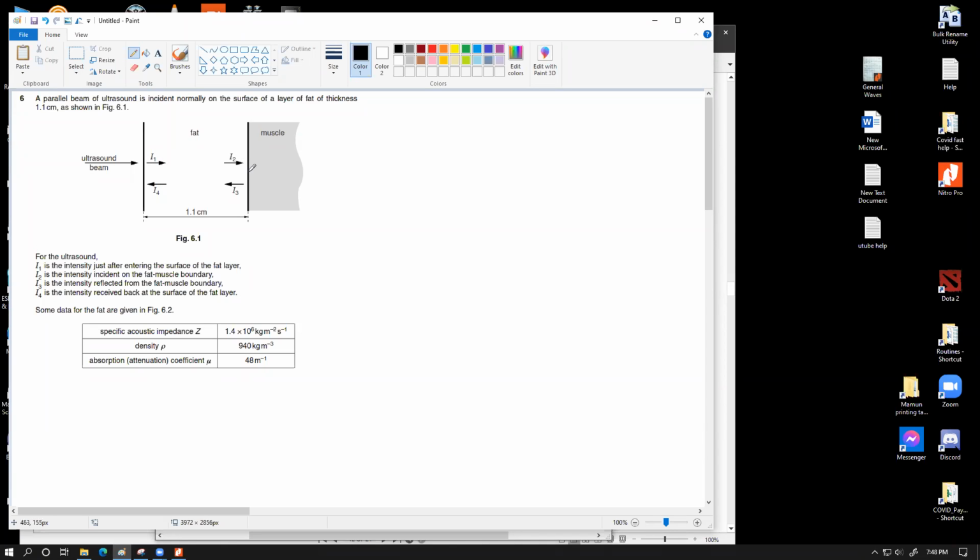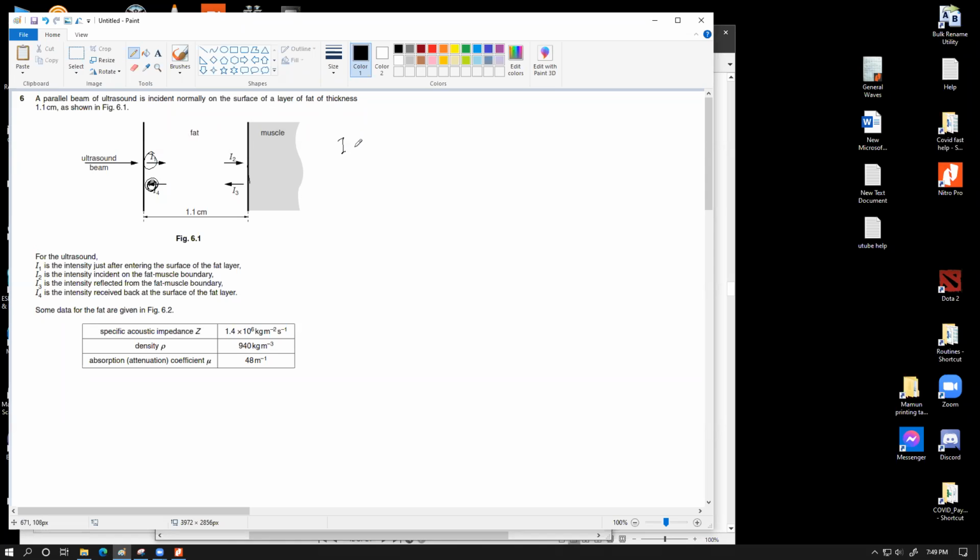It undergoes another decrease at the muscle fat boundary, where whenever it gets reflected, a certain portion goes through and the other part goes by. So this I4 is basically the incoming intensity reduced 3 times.